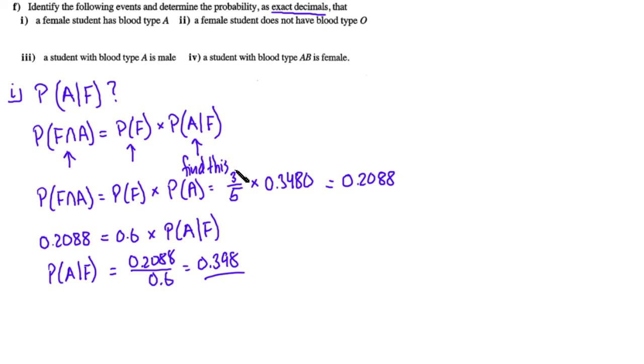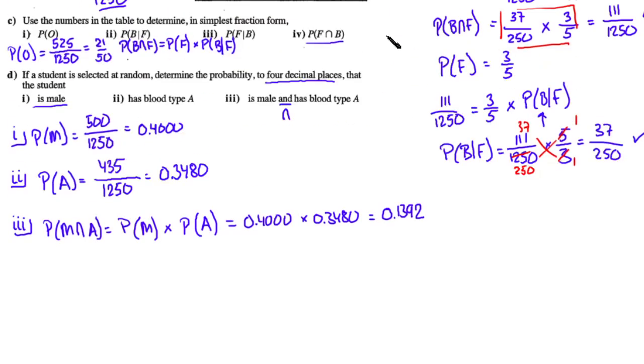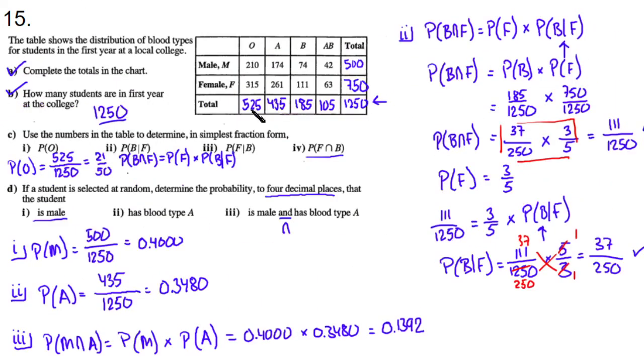So that's number one. Number two here. Identify the following events and determine the probability that a female student does not have blood type O. Okay. So the way we're going to represent this is we're going to use the complement to O. So this means not having the blood type O. If we go back to our table up here, the table shows us the number of students that have blood type O is 525.